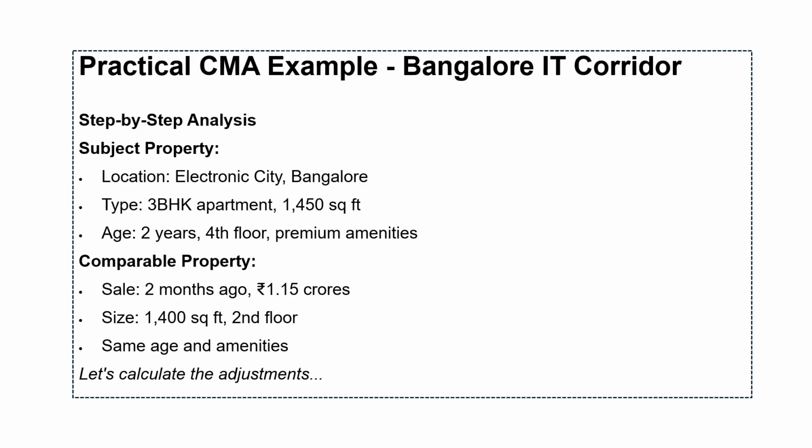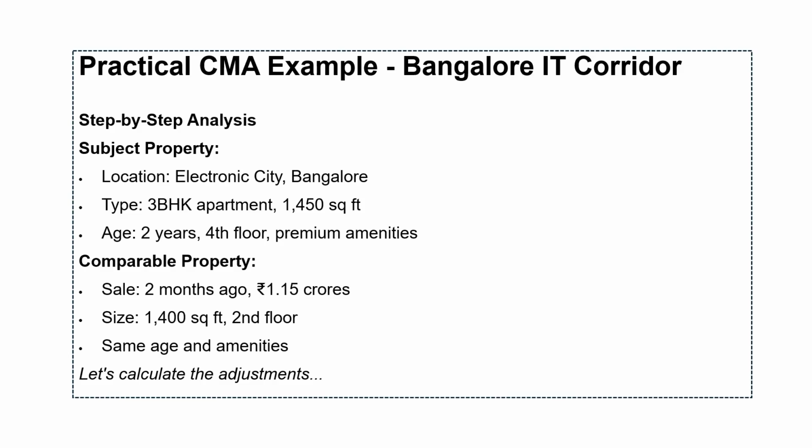The 1450 square foot area and 2-year age represent current market preference, while the 4th floor location and premium amenities reflect quality positioning. The comparable property from the same time period provides an excellent baseline for analysis.